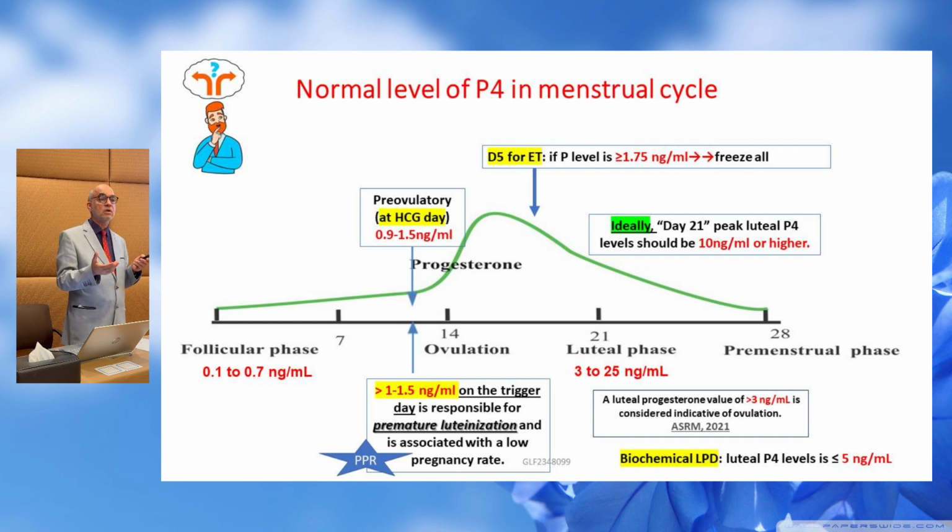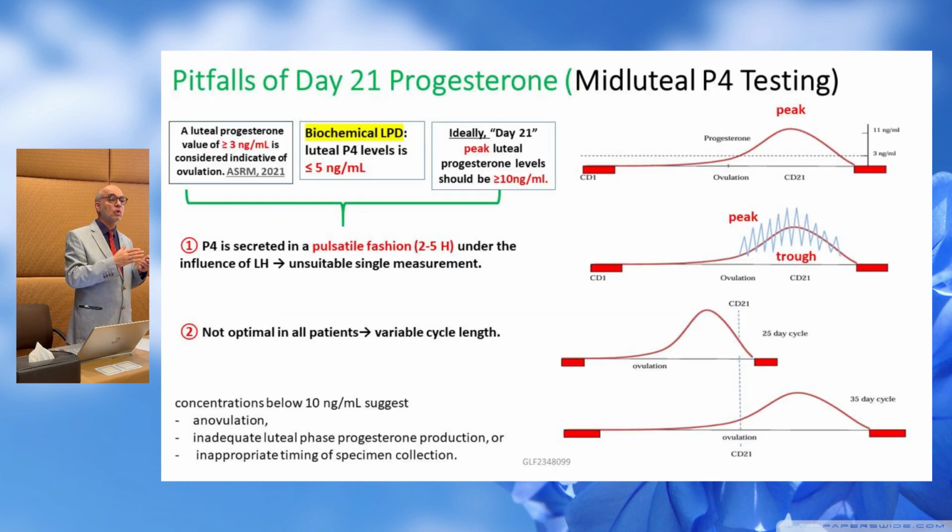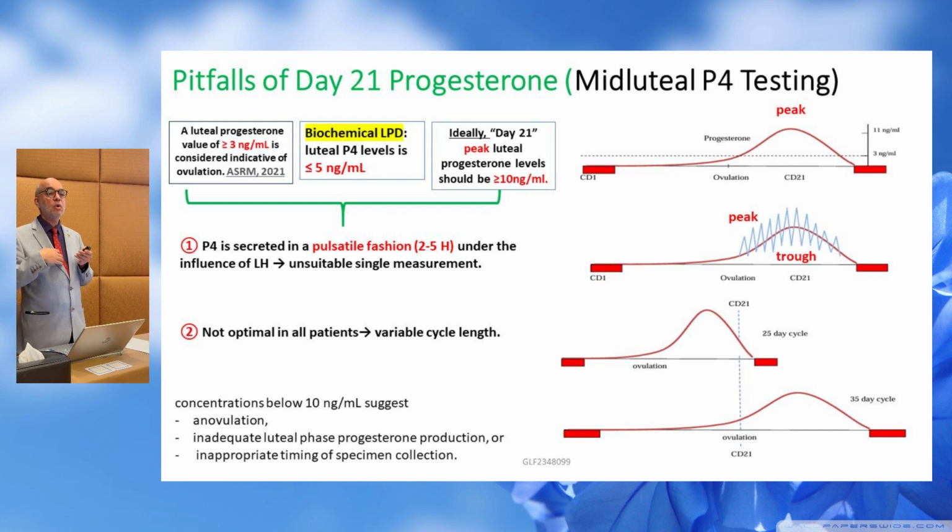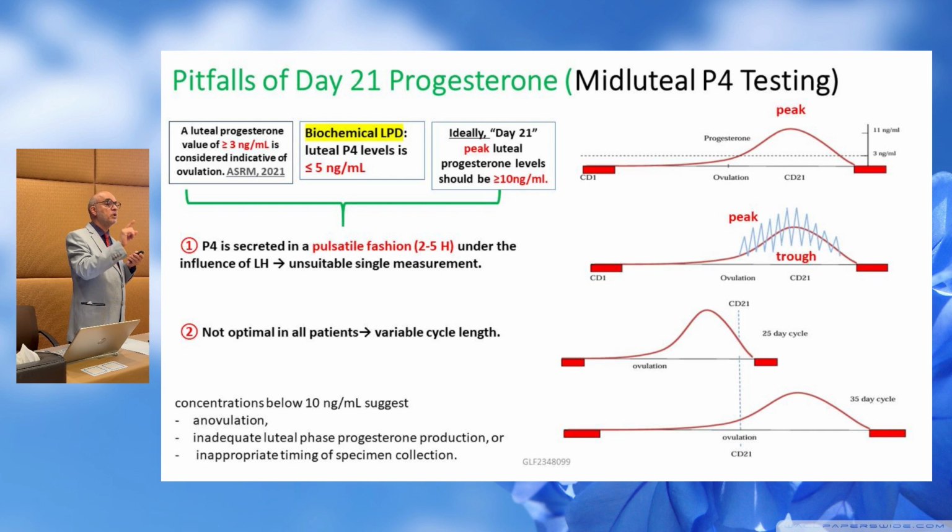Why is it confusing? Because mid-luteal progesterone is not a reliable method to estimate the luteal phase defect. Because on every day, which is day 21, for example, the patient will have between 8 and 10 different measurements. If you take a sample in the morning, evening, afternoon, it will be different from each other because of fluctuation of the level due to the pulsatile release of progesterone.